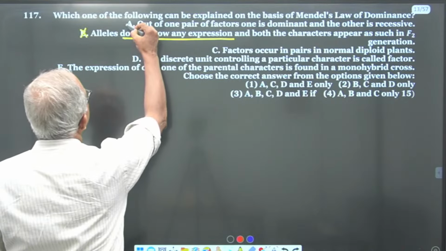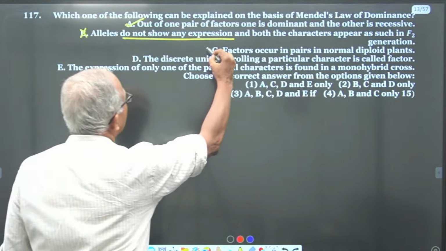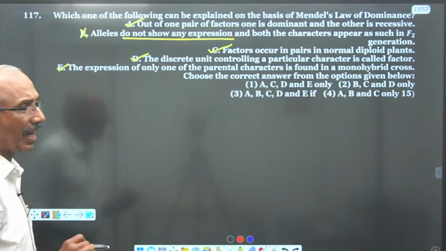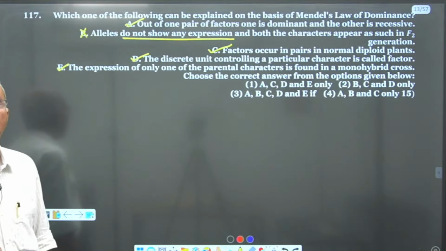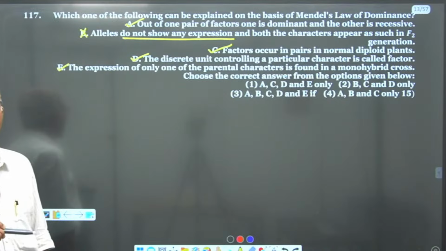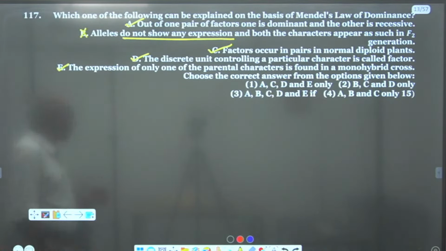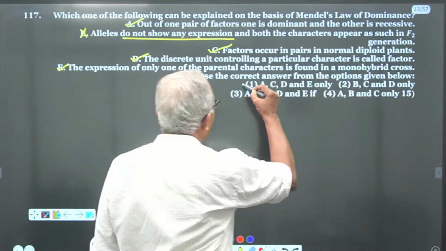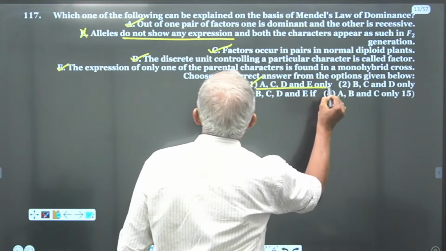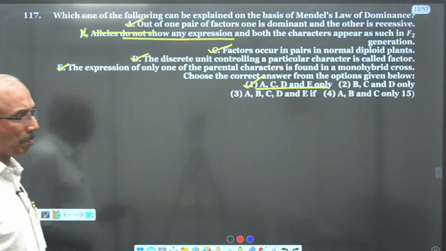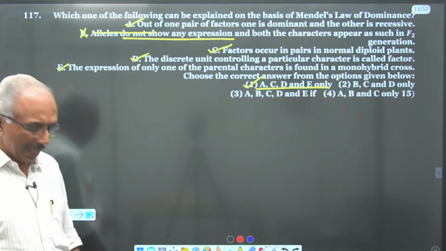All the other statements A, C, D and E are correct. In the NCERT textbook, in the section on the law of dominance, these statements are partially or completely given. So A, C, D, E are correct. The only mistake is in statement B. So the option is 1.